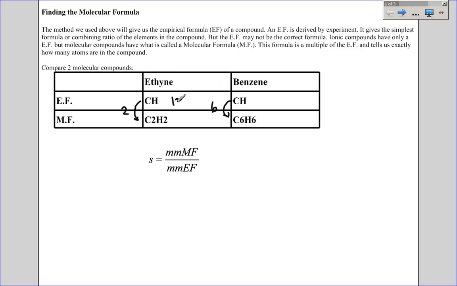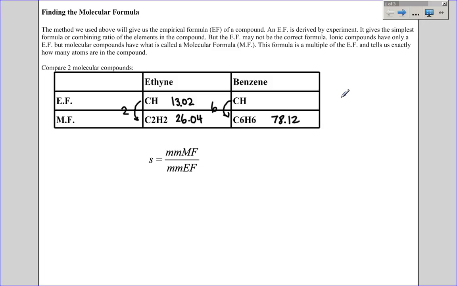So the molar mass of CH is 13.02, while that of C2H2, if I calculate it either separately using the atoms or by thinking about it as a multiple, is 26.04. At the same time, for C6H6, its molar mass is going to be 6 times that of CH, or 6 times 13.02, which is 78.12.